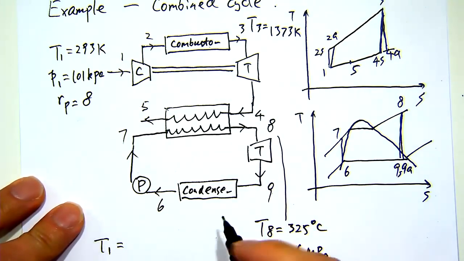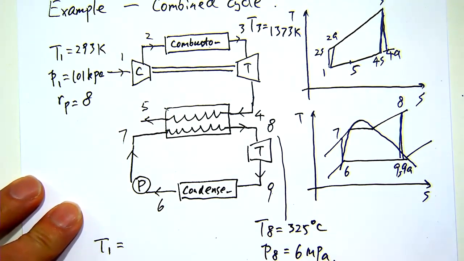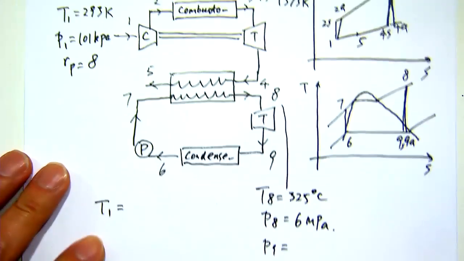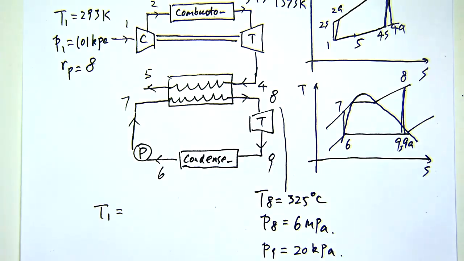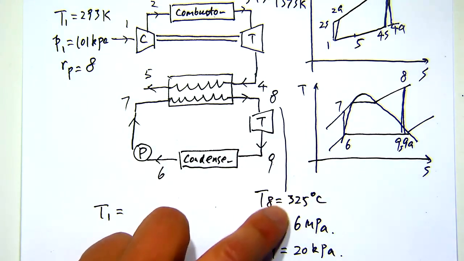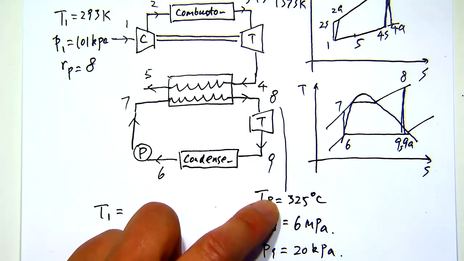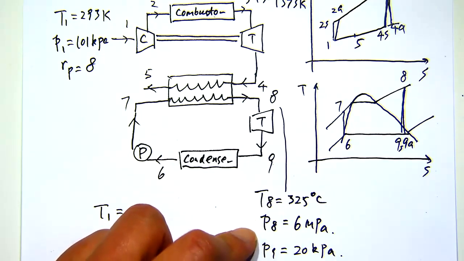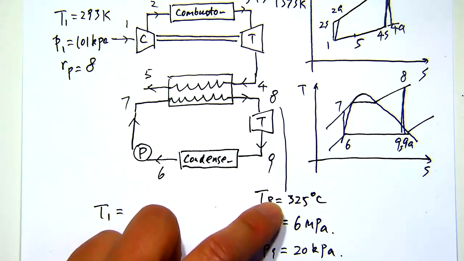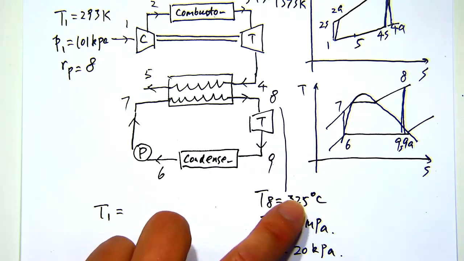And the condenser, which is P9, is 20 kPa. Yep, that's everything. I don't really need to convert this to Kelvin because I know I'm going to just go to the property table to find things. I'm not dealing with ideal gas, so it doesn't need to be Kelvin.